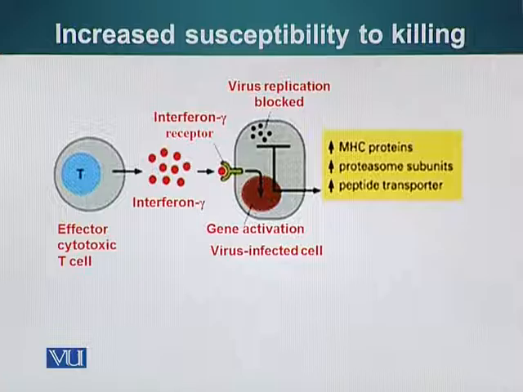For example, these gamma interferon molecules can allow cells to increase MHC protein production. They also increase the proteasome subunits, which have the ability to degrade different molecules, and also peptide transporters. When these interferon gamma molecules bind the receptor, they result in gene activation, which also results in viral replication blockage using different strategies.